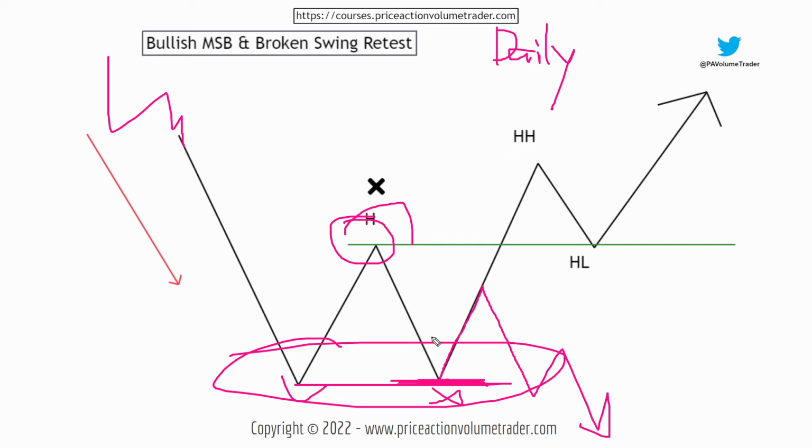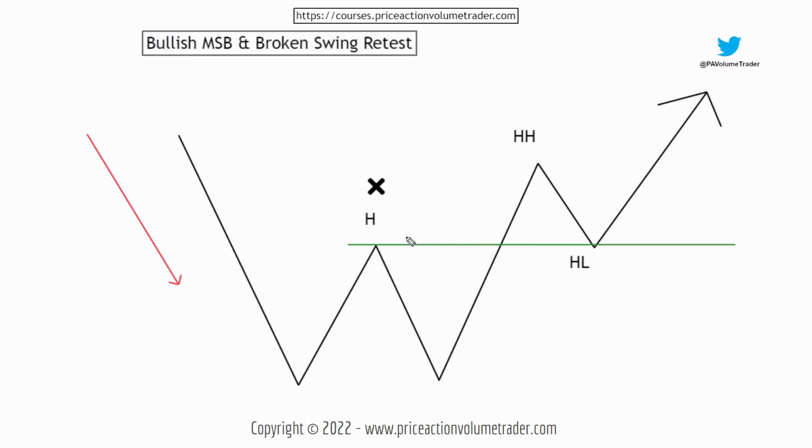This is pretty much what we would consider a complex pullback, basically just a pullback made up of several different legs before we break down into the level and just continue. Okay, so until I see a solid daily candle close through here, I don't consider this to be broken to the upside.